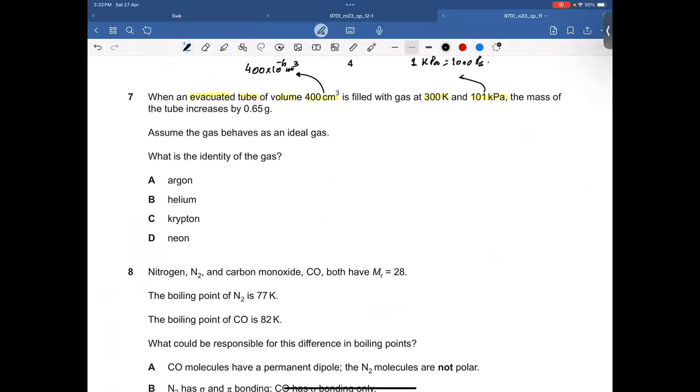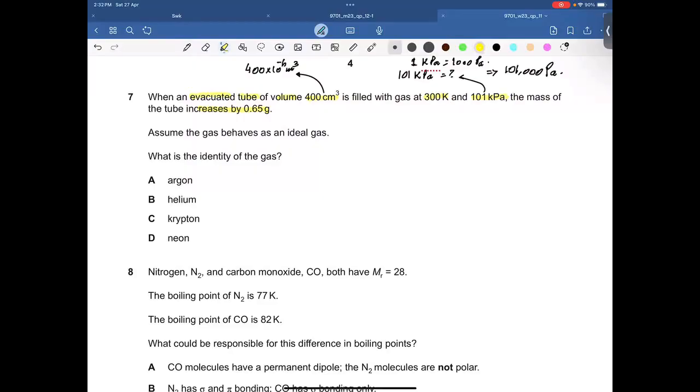So if we have 101 kilopascal, it's basically 101,000 Pascal, correct? And the mass is increased by 0.65.